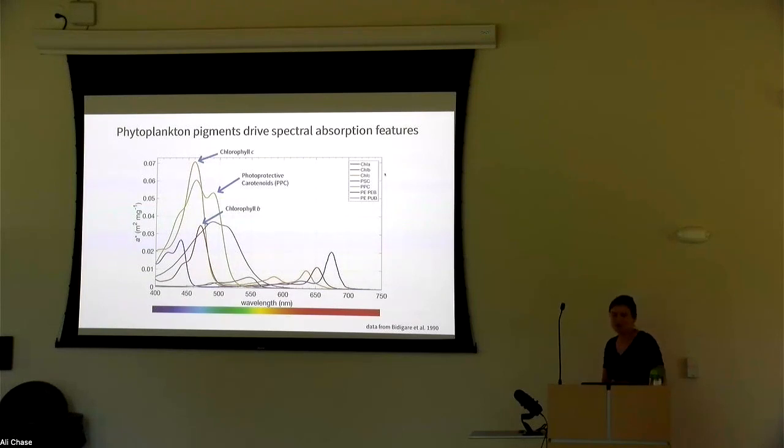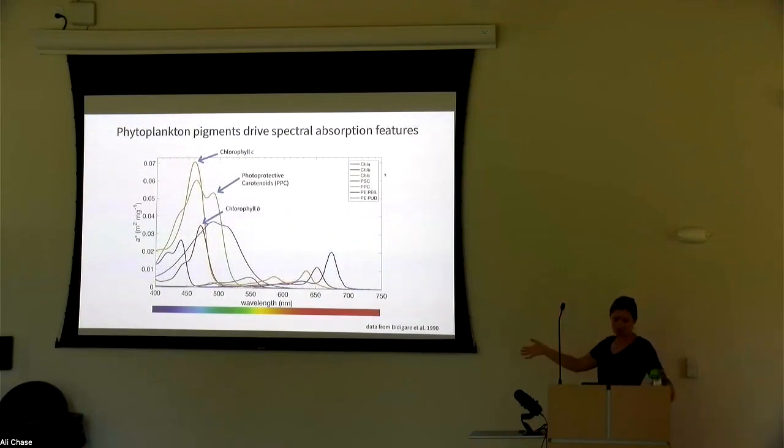And so the shape of the absorption, and thus the reflectance, is really driven by the phytoplankton composition. Here's a plot from some data from Bidigare 1990 showing the spectral shapes of different major accessory pigments. In this case, the photosynthetic carotenoids and photoprotective carotenoids, PSC and PPC, are grouped together.